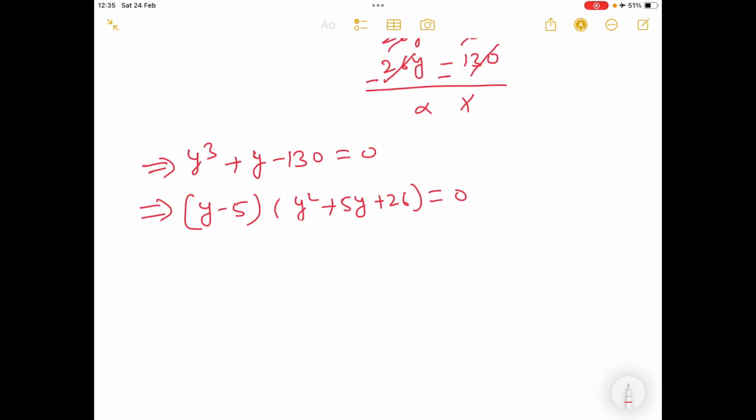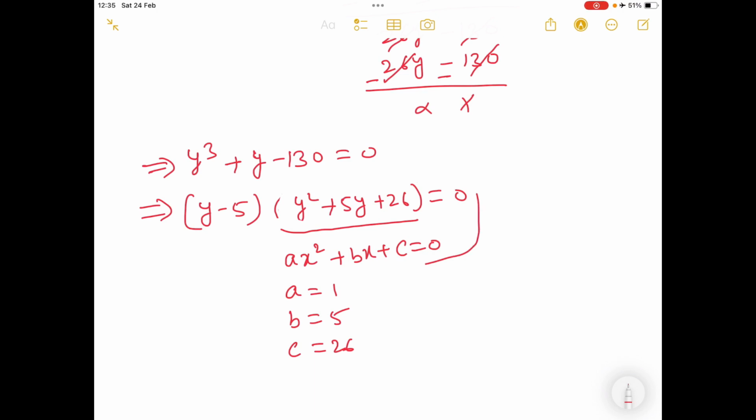To check whether this quadratic equation will have roots or not, let us compare it with the standard quadratic equation ax square plus bx plus c is equal to 0. Then the value of a is equal to 1, the value of b is equal to 5 and the value of c is equal to 26.